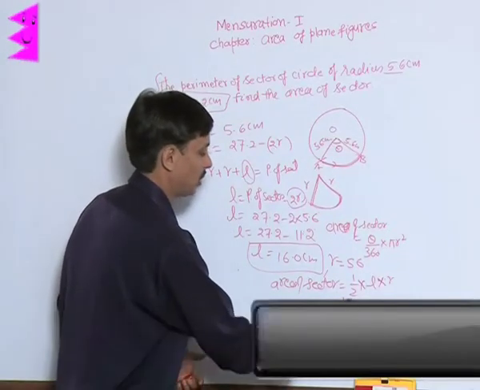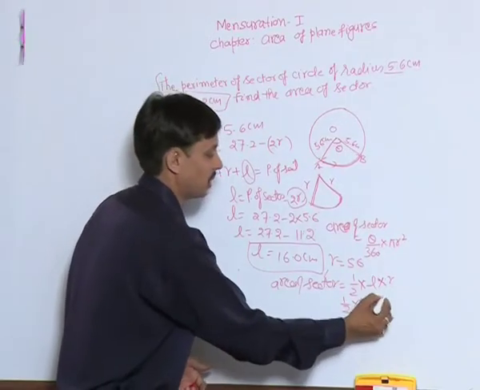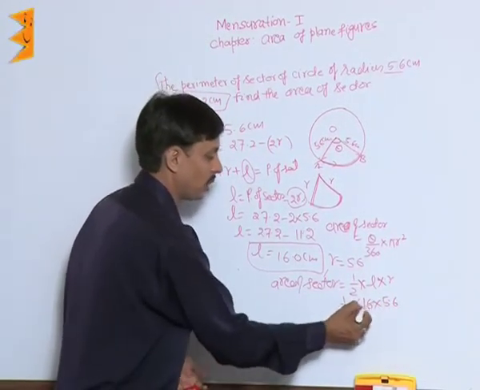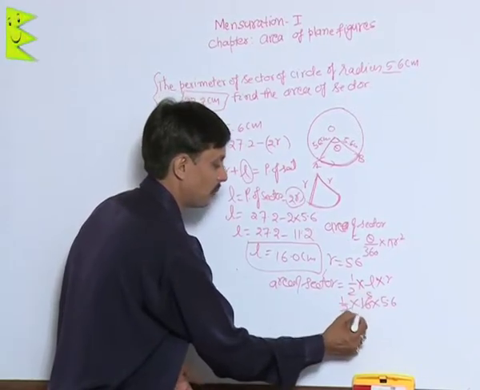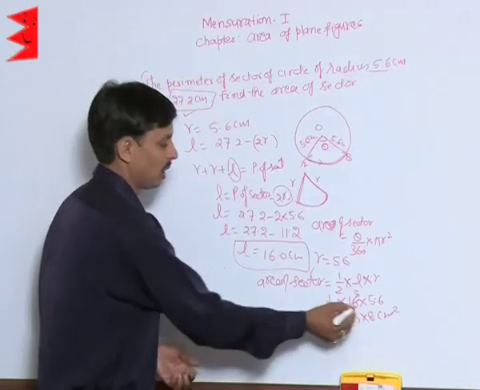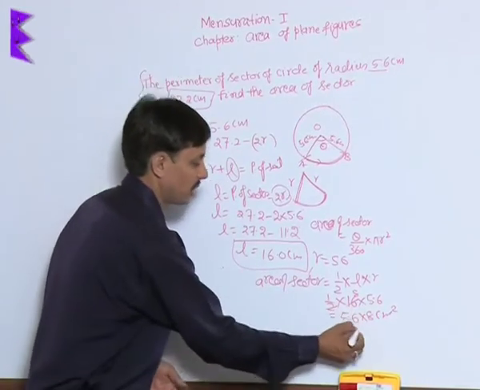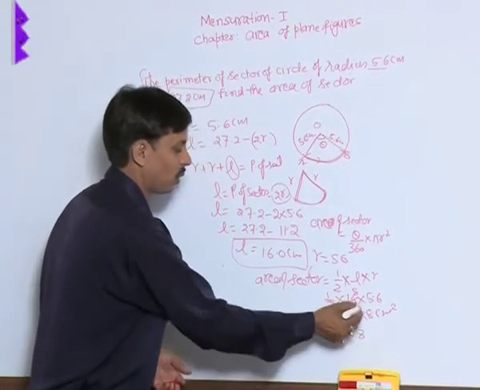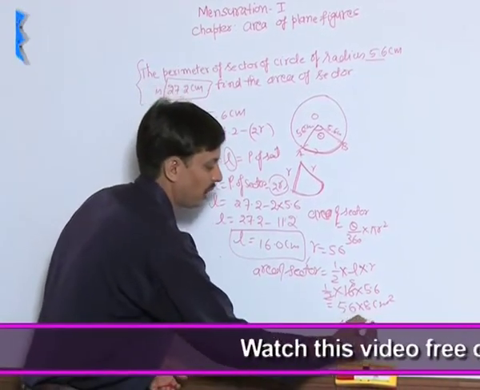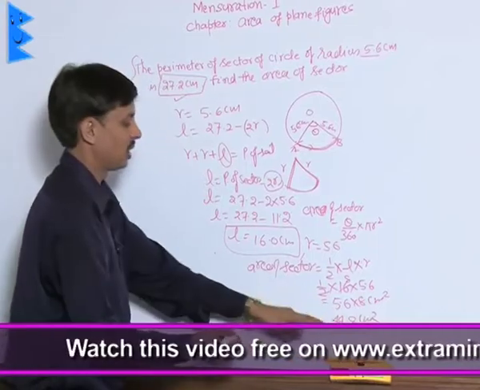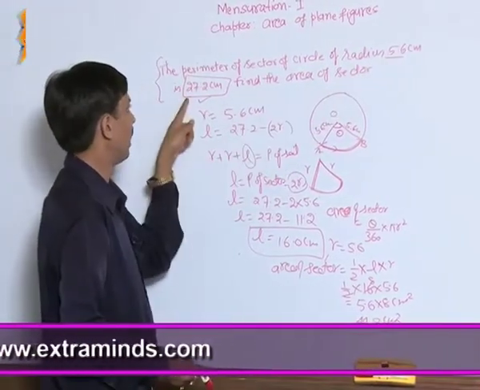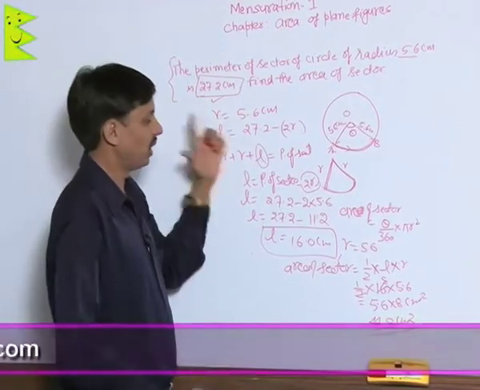This becomes half, length of arc 16 and radius 5.6. So 2 eights are 16, this becomes 5.6 into 8 centimeter square. 8 sixes are 48, then point, then 4, then 8 fives are 40 plus 4 is 44. So 44.8 centimeter square is the area of that sector if the radius of the corresponding circle is 5.6 and the perimeter of that sector is 27.2.